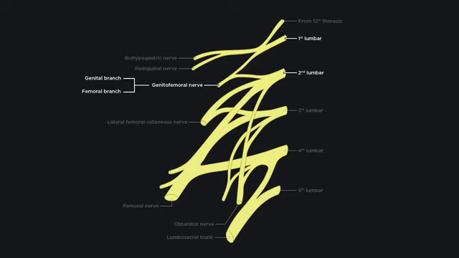The genital branch of the genitofemoral nerve is of interest because it serves a muscle that is present only in males. The cremaster muscle is within the spermatic cord that suspends the testes within the scrotum. It consists of strands of muscle fibers that are derived from the internal oblique. The cremaster forms during development when the testes descend from their original position in the posterior abdominal wall near the kidneys and then travel through the muscle layers of the abdominal wall to finally assume their normal location in the scrotum.